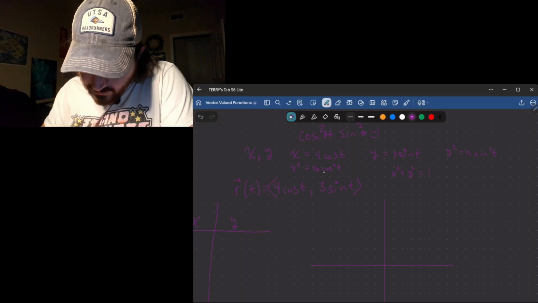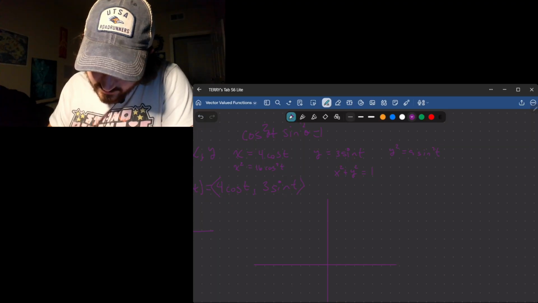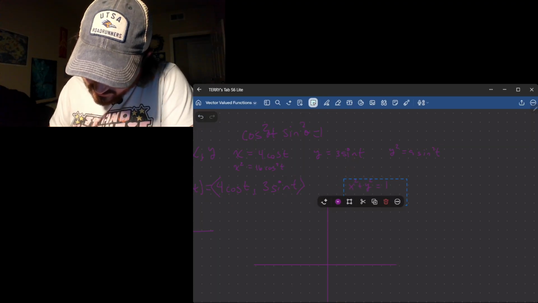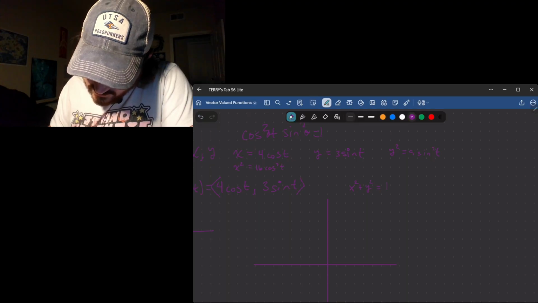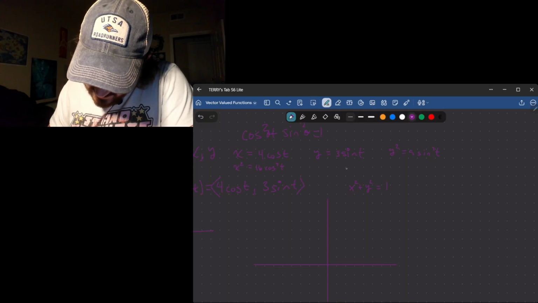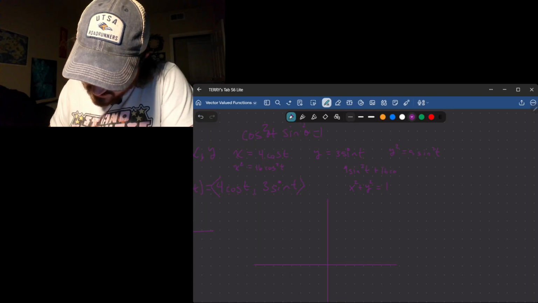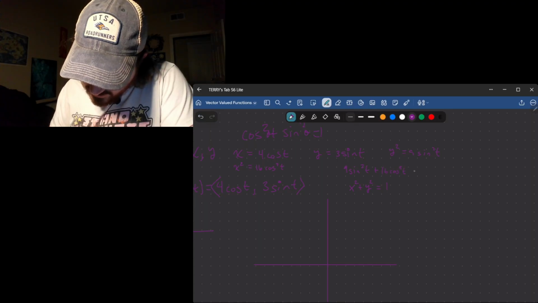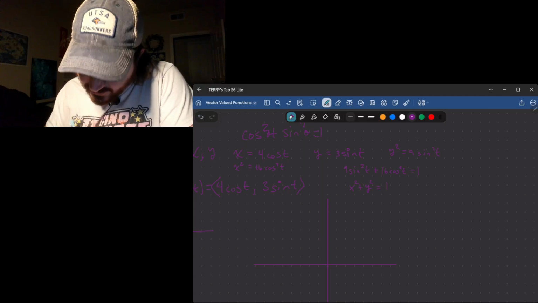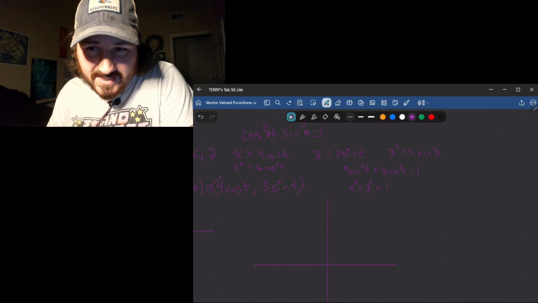So we have a problem though, because if right now I go and say, let me create a little space and we'll just do this all together so it makes more sense. So if I go right now and say, okay, well I have 9 sine squared of t and I have 16 cosine squared of t, well, I don't really see how I can plug that into this, right? That just doesn't make sense right now.